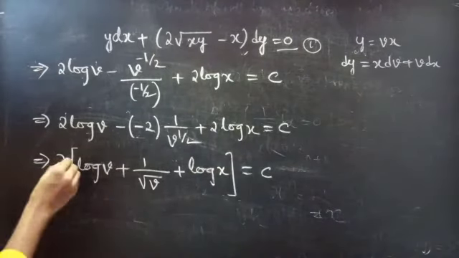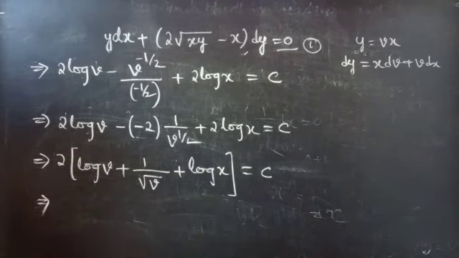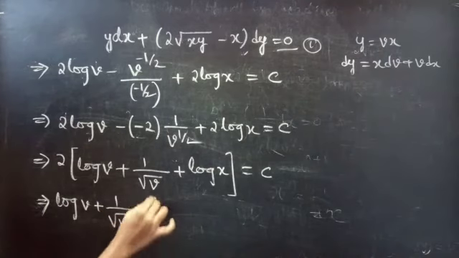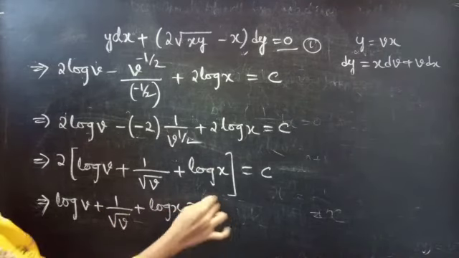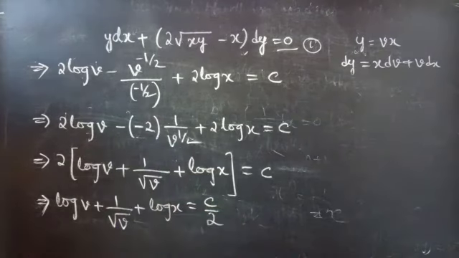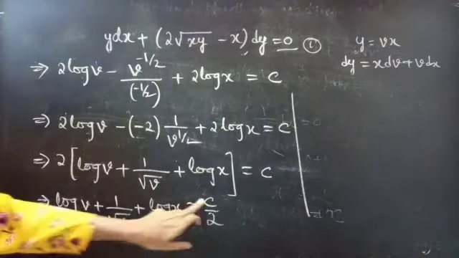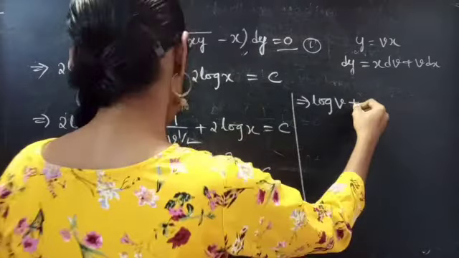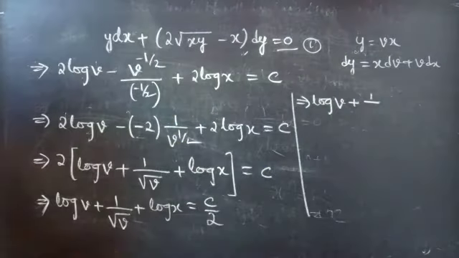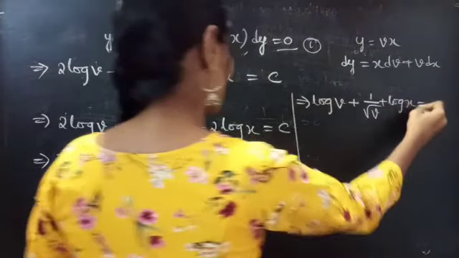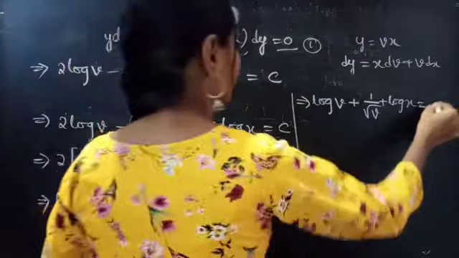If you take this 2 to RHS, you'll get log v plus 1 by square root of v plus log x equals to c by 2. Since c being integral constant, you can write c by 2 as c. Then log v plus 1 by square root of v plus log x equals to c.